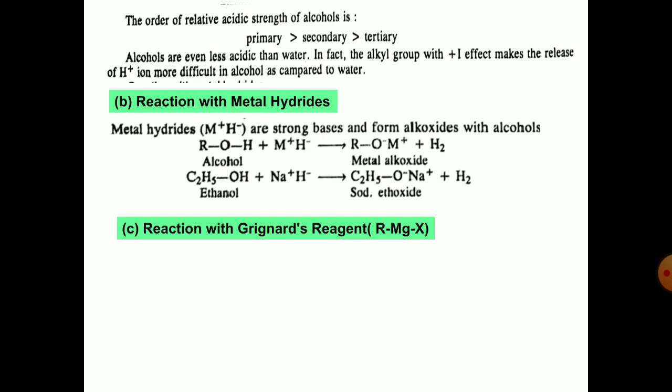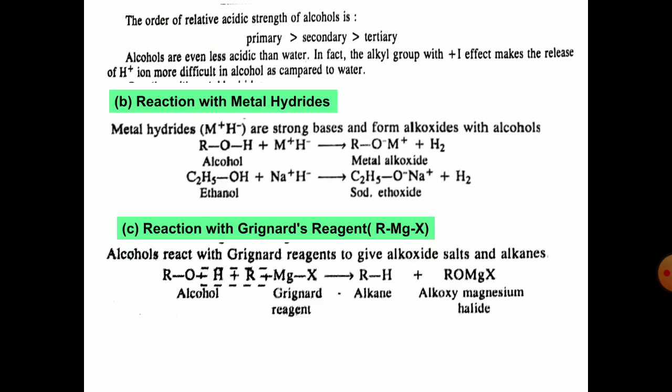Next, the reaction with Grignard's reagent, RMgX, or alkyl magnesium halide. Alcohols react with Grignard's reagent to give alkoxide salt and alkanes. Let us see, ROH plus RMgX. The H of alcohol and the R of Grignard's reagent combine together to form RH. RH means alkane.